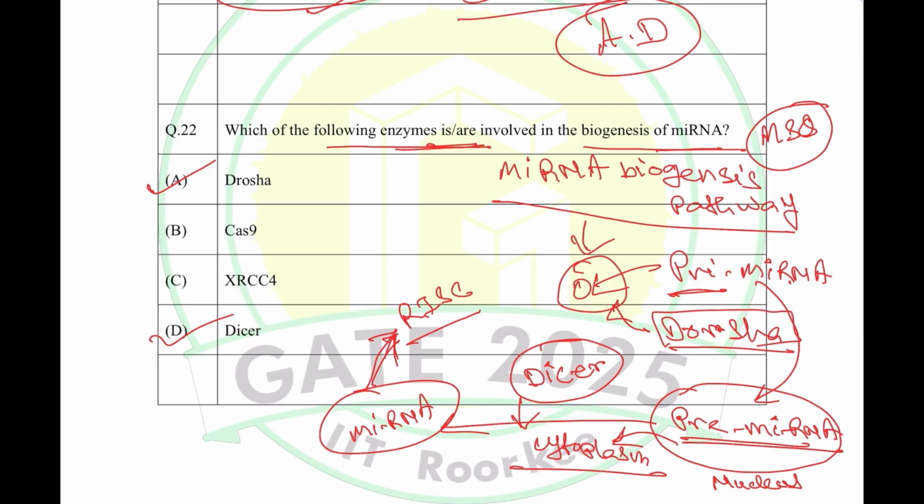These are two very important things, Drosha and Dicer. And you need to remember Drosha functions in the nucleus and Dicer functions in the cytoplasm. Drosha helps to cleave the primary mRNA, and then Dicer helps convert the pre-mRNA to mature mRNA, and further this mature mRNA, with the help of the RISC complex, helps in RNA silencing.